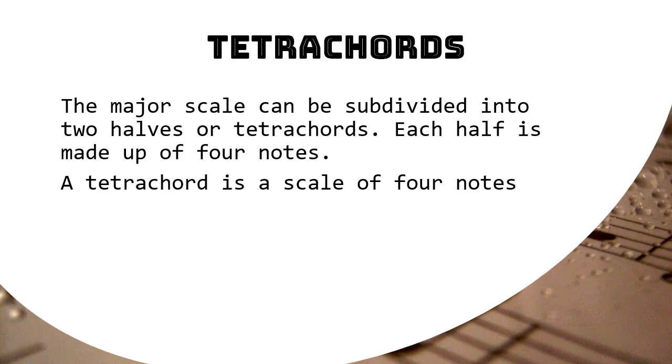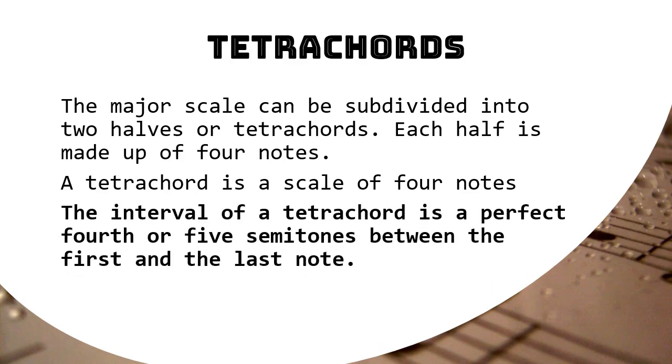Then the interval of a tetrachord is a perfect fourth. When we say the interval is a perfect fourth, what it means is that from the first note to the last note, the interval has 5 semitones. It has 5 semitones between the first note and the last note. So that's about the tetrachord.